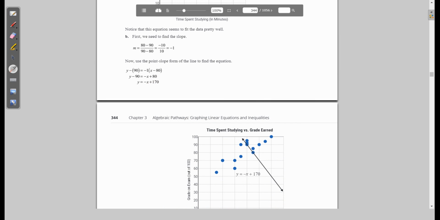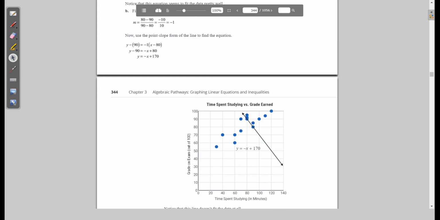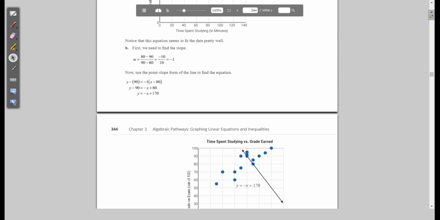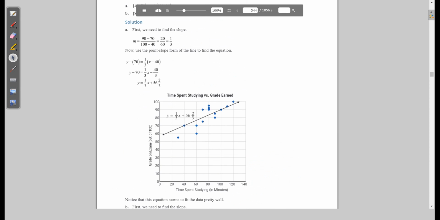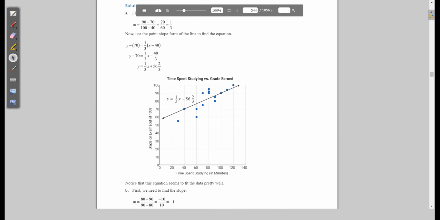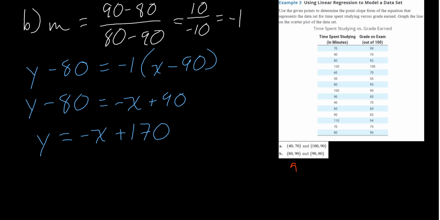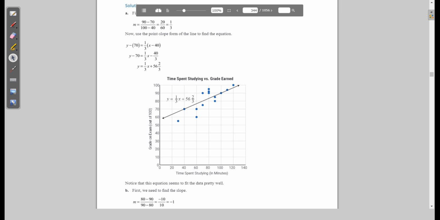Okay, it's interesting. Let me see what the textbook is doing. Oh, interesting. Okay, so this graph goes with A. Let's put this on a plus page.